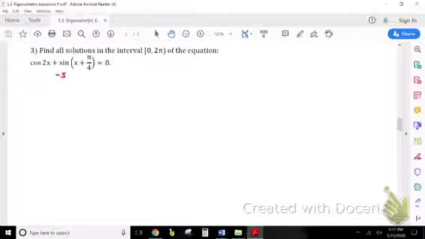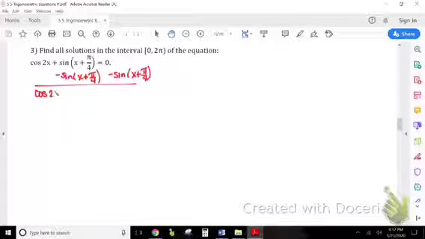I'm going to move this sine over to the other side. So cosine of 2x equals negative sine of x plus pi over 4.